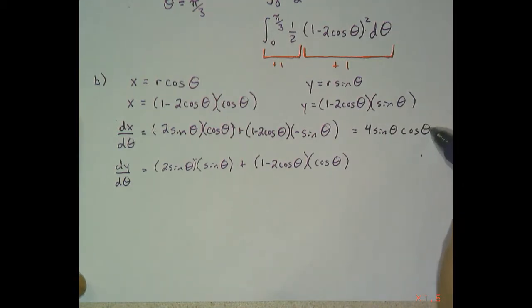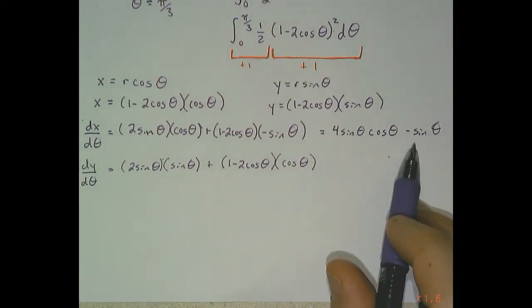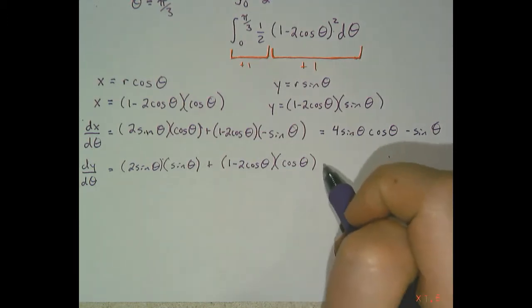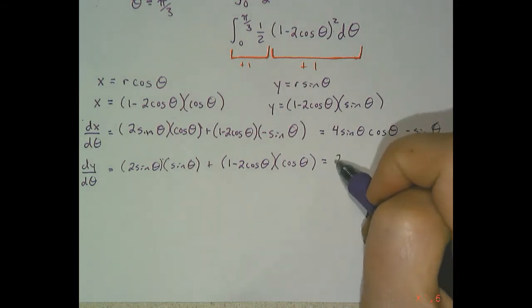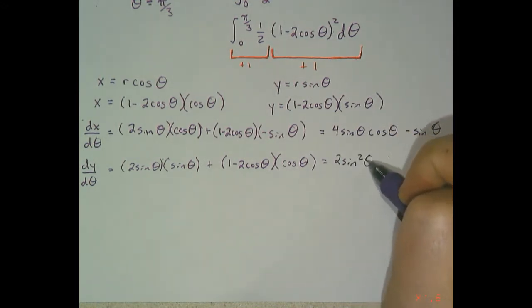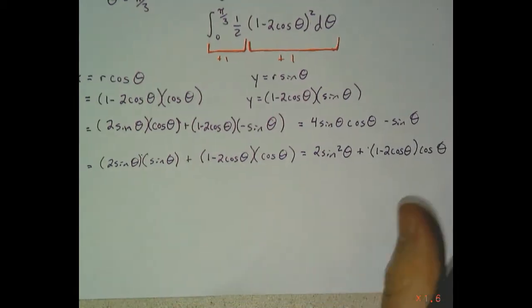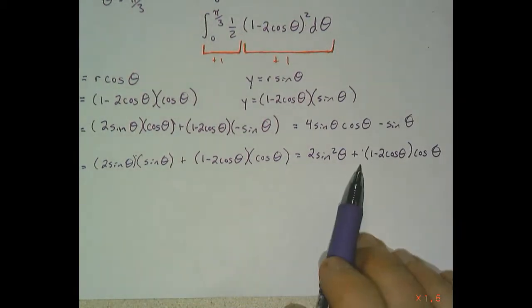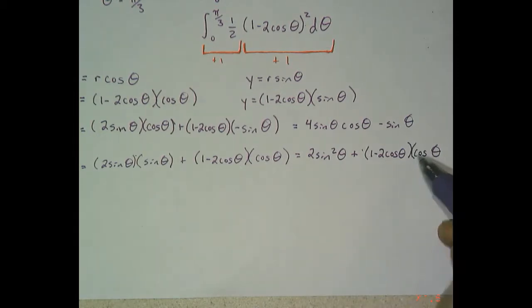If you simplify and combine like terms, you'll get 4 sine theta cosine theta, subtract sine theta, and then for this one, the simplification really isn't too much more simplified than what I have written down, but just to be consistent with their key, we get 2 sine squared theta plus the quantity 1 minus 2 cosine theta times cosine theta.